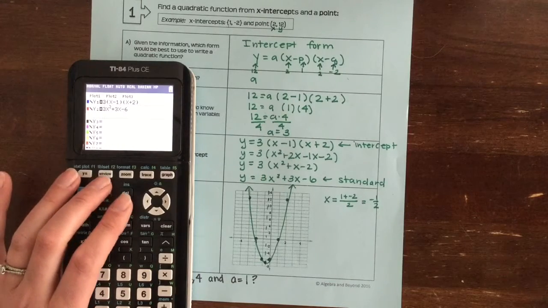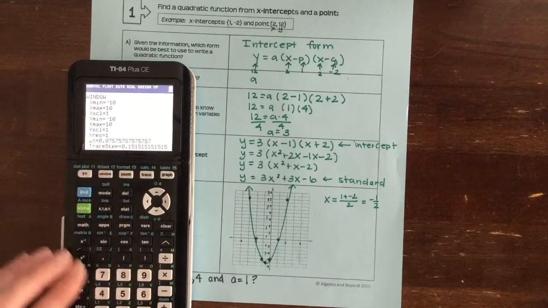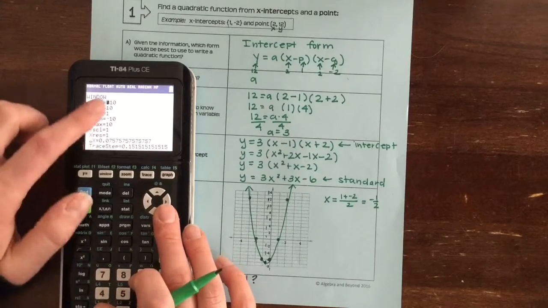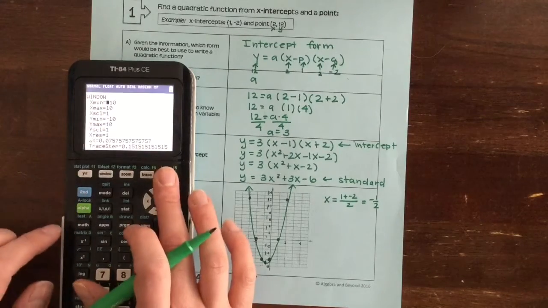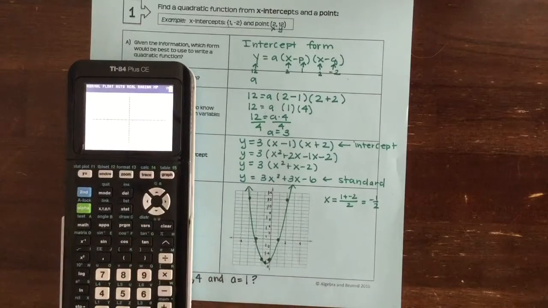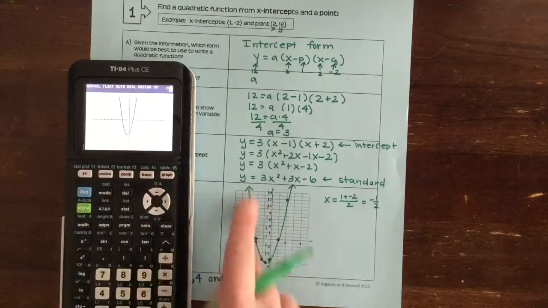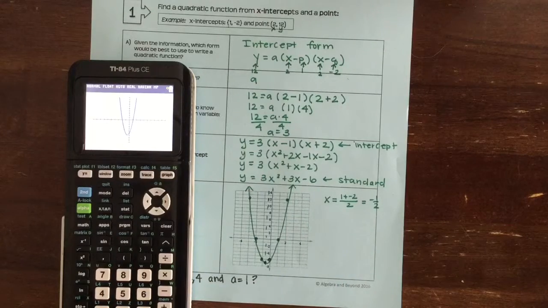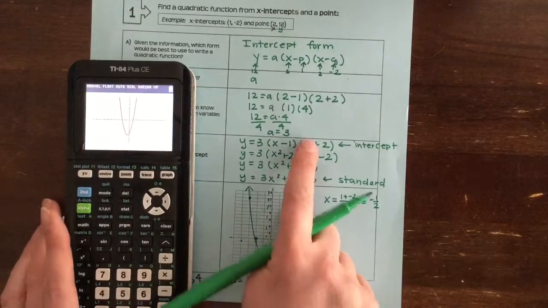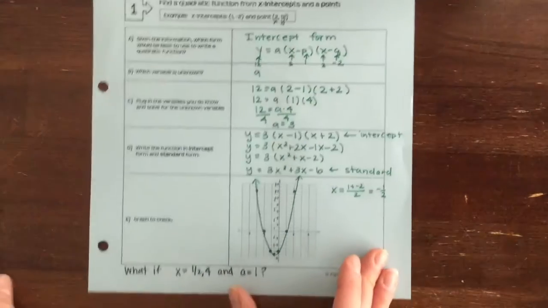I am going to just change my window here. If you press second plus 7, 12, it will reset it back to these. Negative 10 to 10 is probably pretty decent. If I hit graph, that looks like the parabola I have. It is concave up. It looks like it's got the same min. And notice how that second red graph appears right at the same spot. We know for a fact then that these two equations are equivalent.